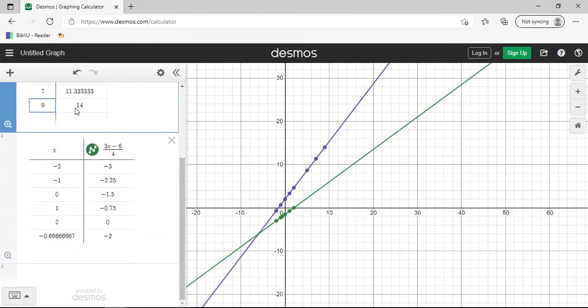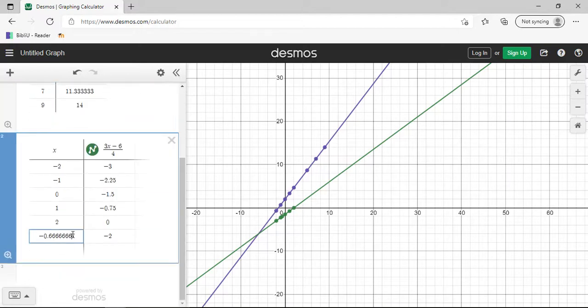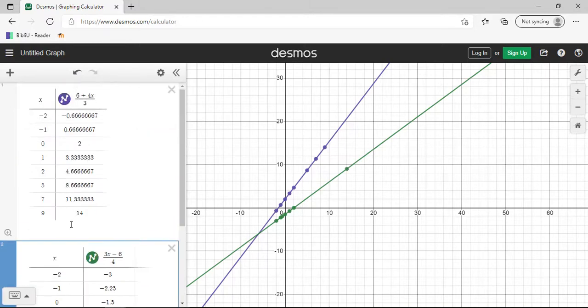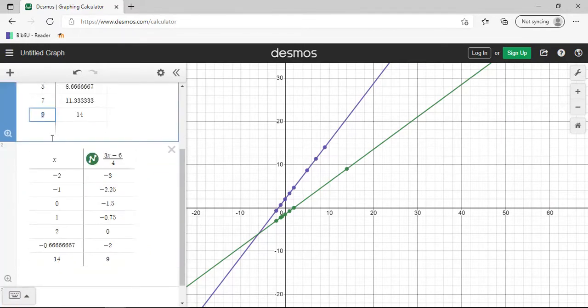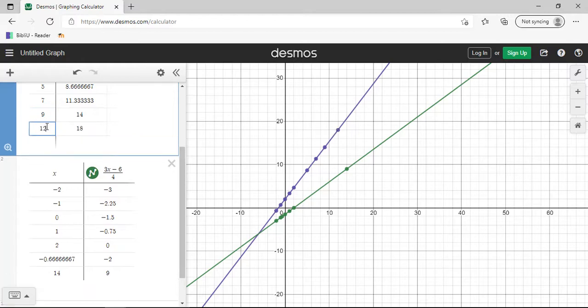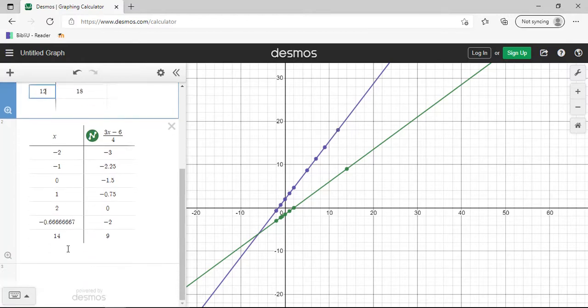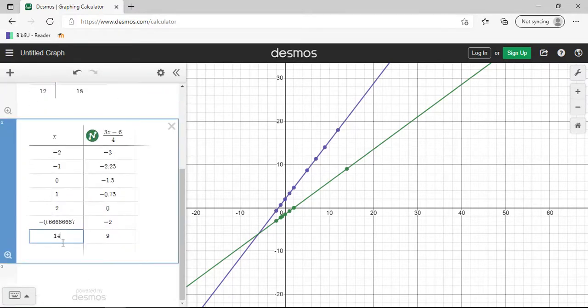Okay, 9. So then that means that if we put in 14 down here for x, your y should be 9, which it is. And then let me just try one more number. Let's try the number 12. Put in 12, 18. So if we put in 18 down here, it should give us 12, which it does. So it shows the reflection here.